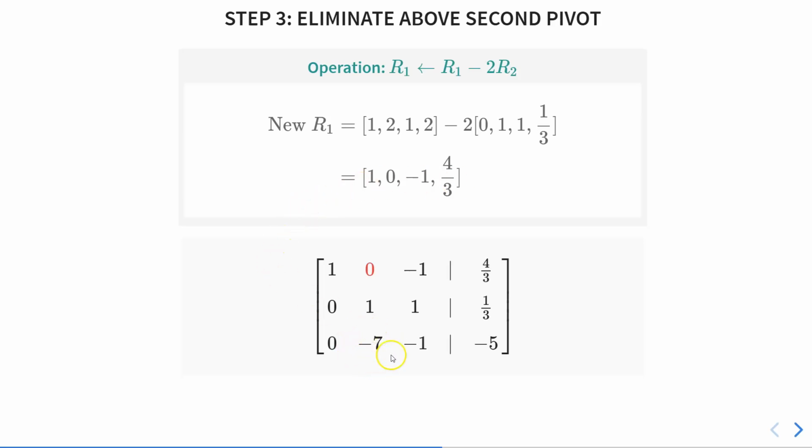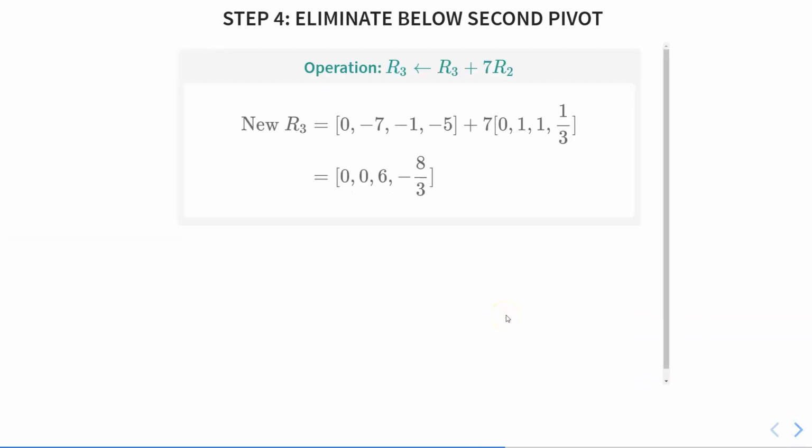Next step: minus 7 is the third row second element, so I'll make it 0. For that I'll do this operation: new R3 will be R3 plus 7R2. My old R3 is 0 minus 7 minus 1 minus 5, and I'm going to make the minus 7 into 0.